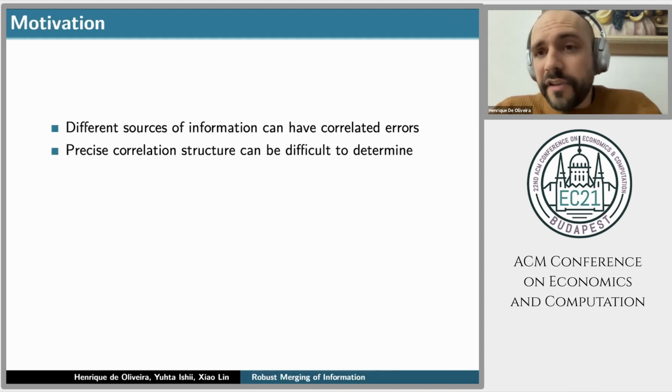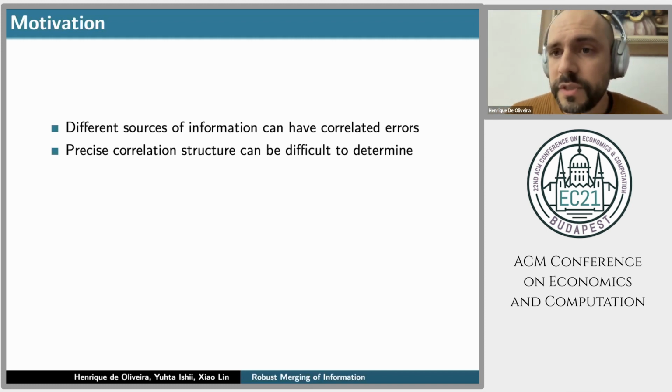And unless you have access to that data directly and you can judge exactly how the experts are using that data, it will be hard to determine what is the precise correlation structure behind the experts' recommendations.